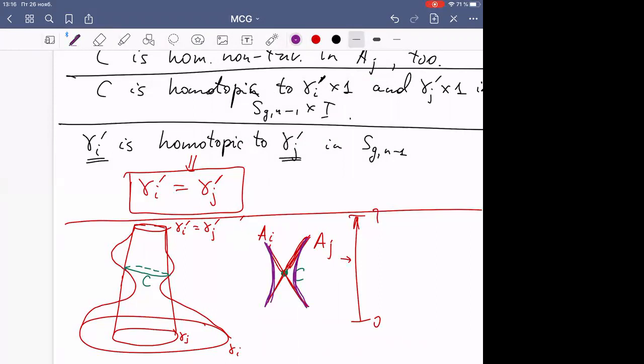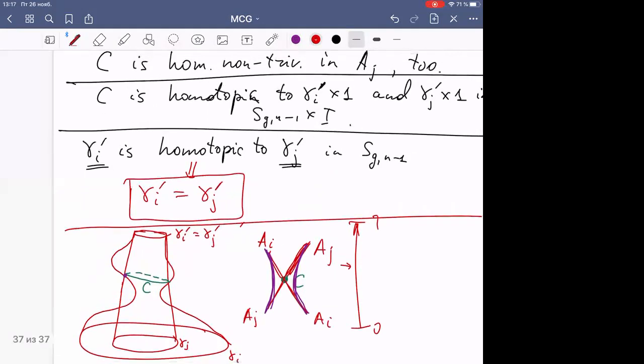This means that above C, we interchange the portions of the cylinders AI and AJ. After our move, this portion of AI becomes AJ, and this portion of AJ becomes AI.